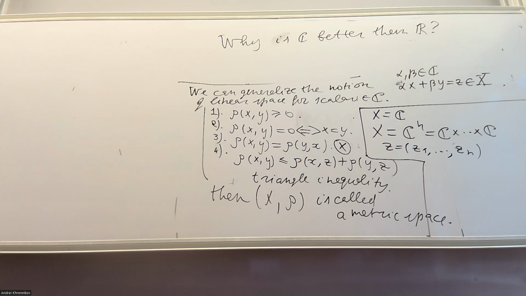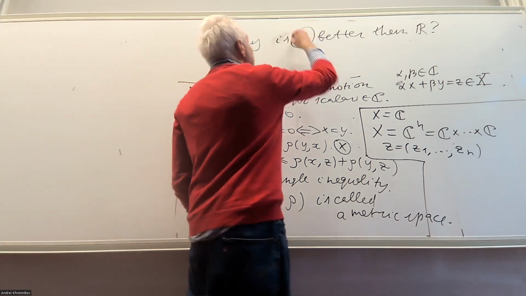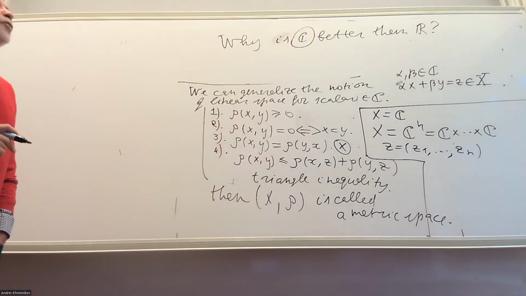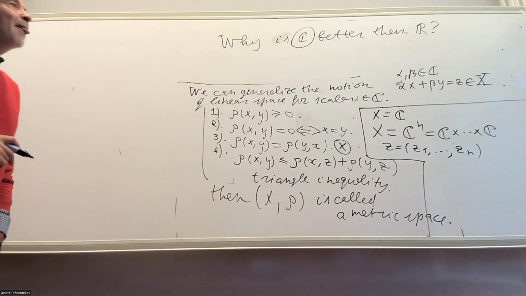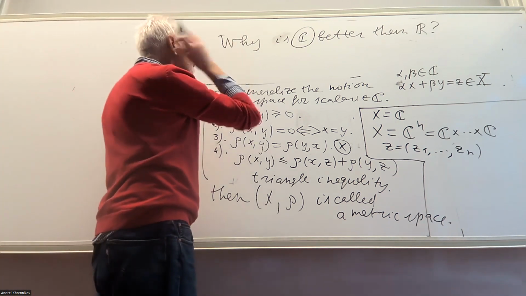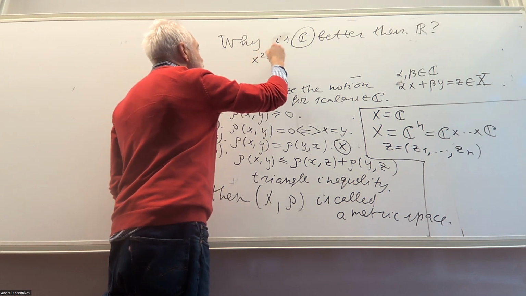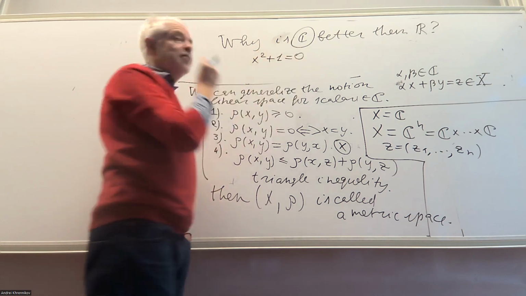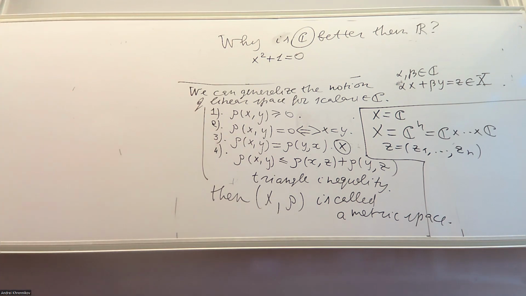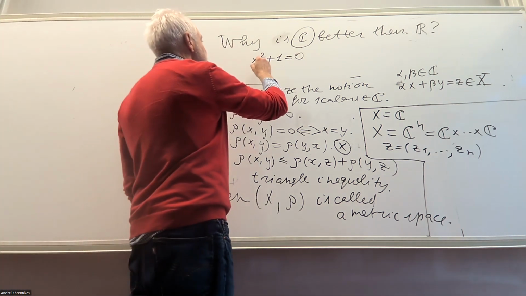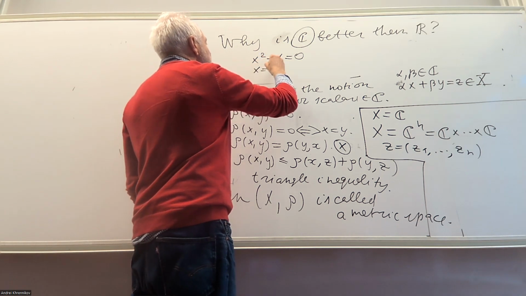Before, you already had big courses in real analysis, but in real applications, you typically work over complex numbers. Why? Let's start the story from the equation x squared plus 1 equals 0. In real numbers, we cannot solve it. In complex numbers, we can solve it. So x equals plus minus i.